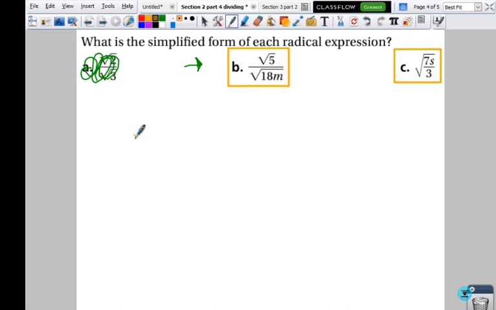Alright, we're getting started on this. Beto, start us off. What are we gonna do on this one? Part B. Multiply by square root of 18 over square root of 18, right? Magi, what do I get in my denominator after I go through and multiply it?